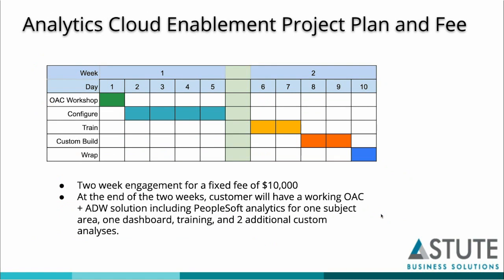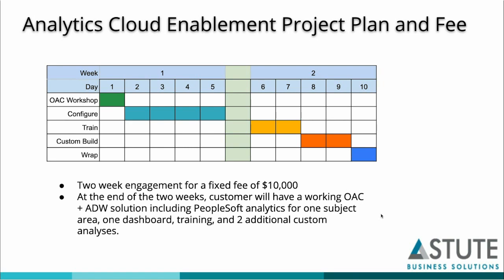So again, to review what the project plan looks like, typically day 1 we would do a workshop. Day 2 through 5 we're really working out the kinks of integration, really just making sure that we can get your systems mapped into OAC correctly, usually over a VPN. Sometimes we're doing flat files over a VPN, sometimes we're doing database connections over VPN. It really depends on your environment. So we have 4 days set out for that.